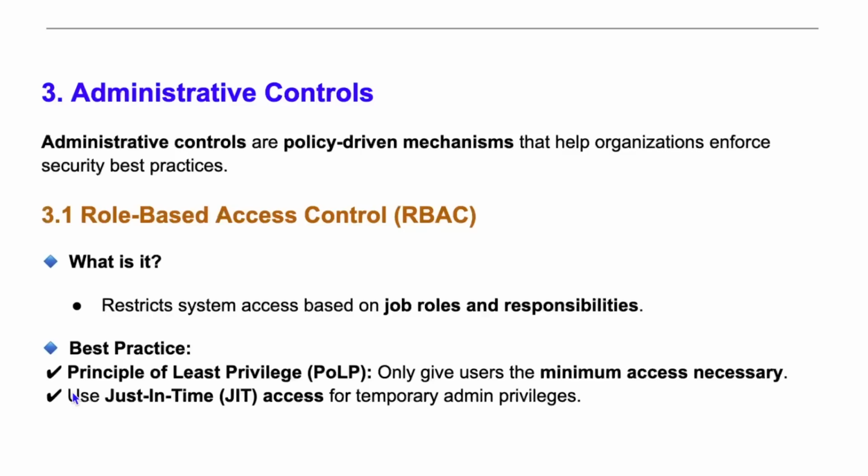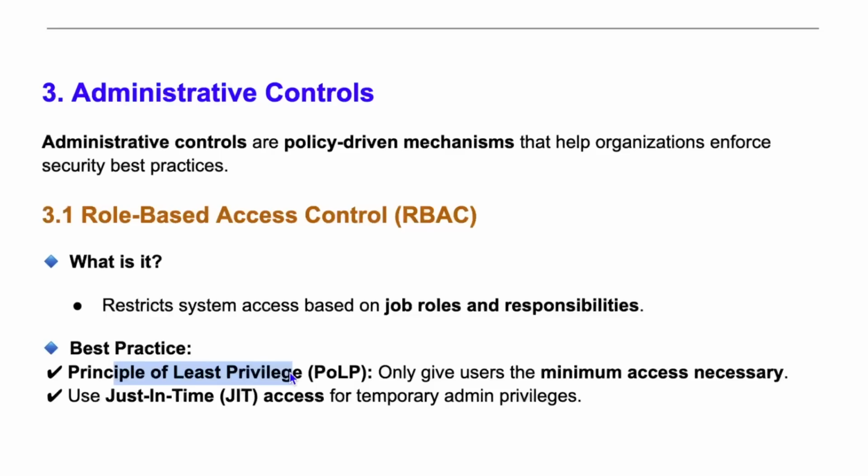So the best practices would be the principle of least privilege. Just make sure that the role inside of Active Directory has only the privileges that it needs. And then when a new employee gets hired on, you just drag and drop them inside of that folder. Technically, that's called an organizational unit.